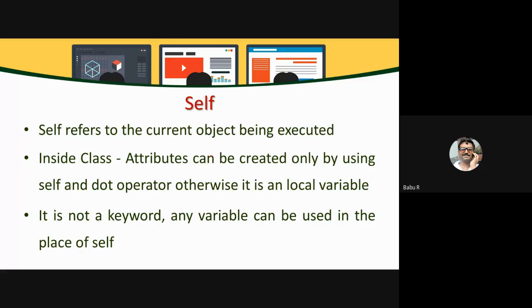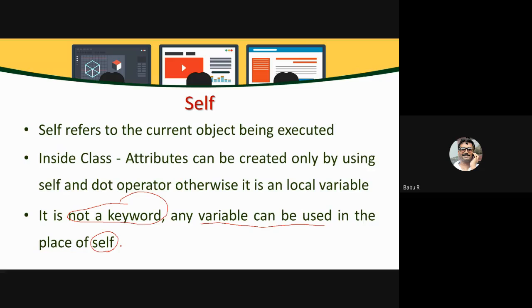A very important point that you should remember is that self is not a keyword. Any name can be used instead of self. Self can even be used as a variable name.